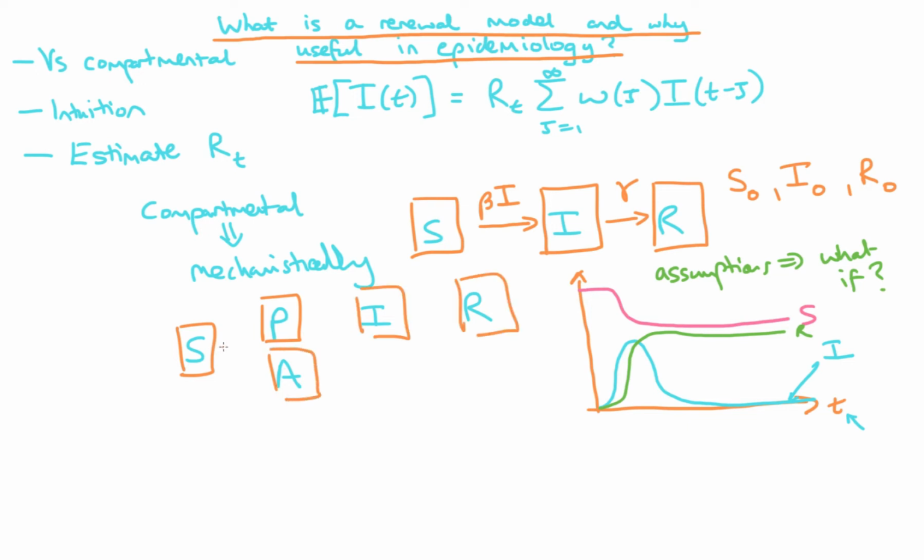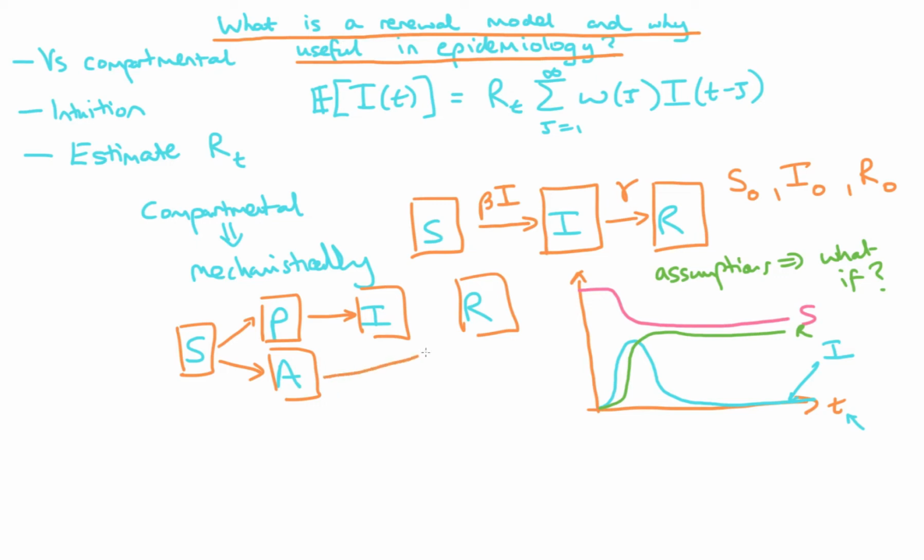So susceptible individuals, when they come into contact with infectious individuals, can either go down a path whereby they become pre-symptomatic, which means that they're ultimately going to go on to be symptomatic and infectious, or they can become asymptomatic, which means that they don't show any symptoms, but they can still be infectious.